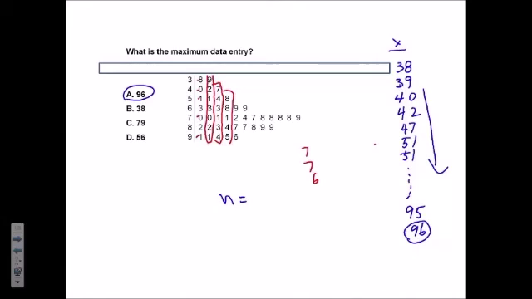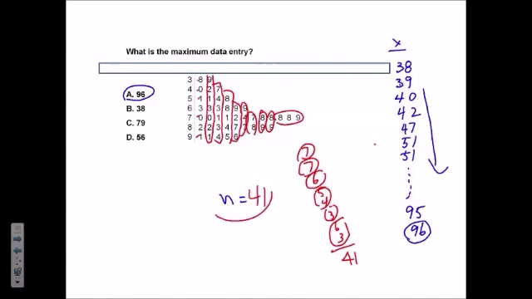Then we have 5, 4, 3, 2 and 2 is 6, and then 3 more this way. So we could add these together, and what do we have? We have 9, and 9 is 18, 3, 21, 27, 34, looks like 41. It looks like n is 41.